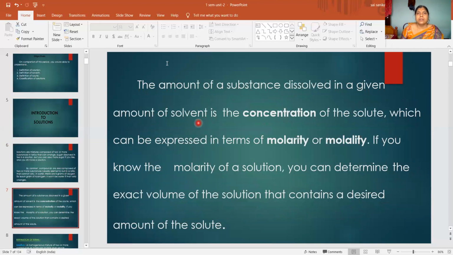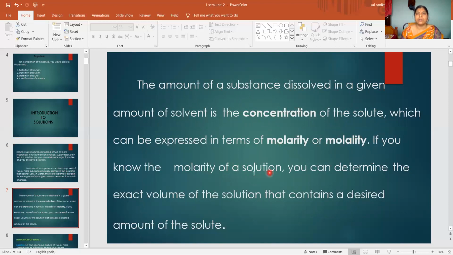Next, the amount of substance dissolved in a given amount of solvent is called the concentration of the solution, which can be expressed in terms of molarity or molality.